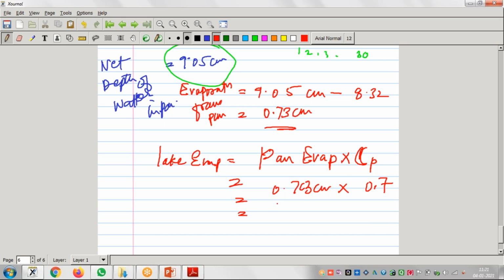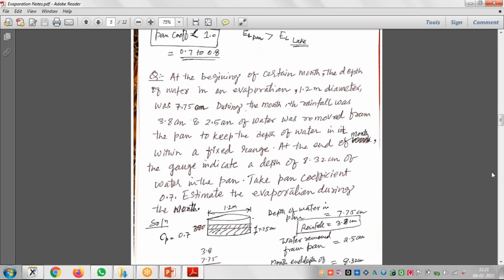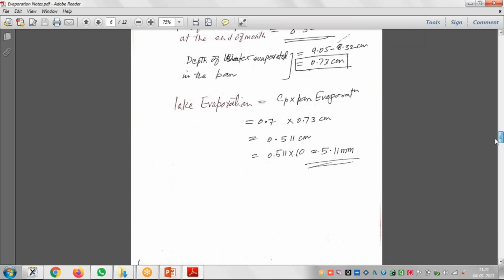So 0.73 centimeter multiplied by the pan coefficient 0.7 gives 0.511 centimeter. If I multiply it by 10, I will get it in mm, that is 5.11 mm. So this is the answer in mm. I hope this question is clear to you.